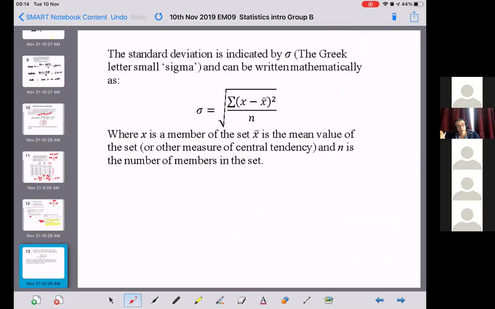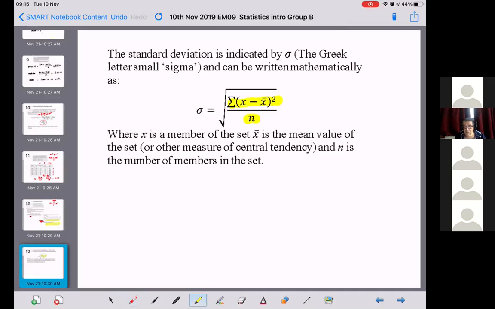Written succinctly in math terminology, the standard deviation is indicated by the Greek letter sigma. It can be written mathematically as the square root of the sum of all the squares over the number of numbers in the set.